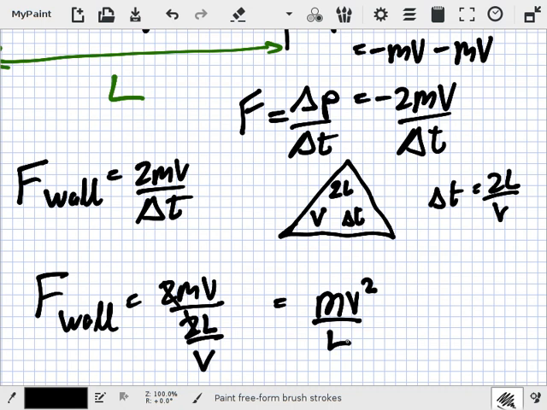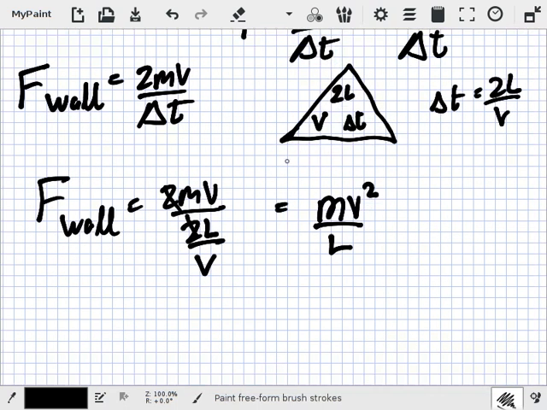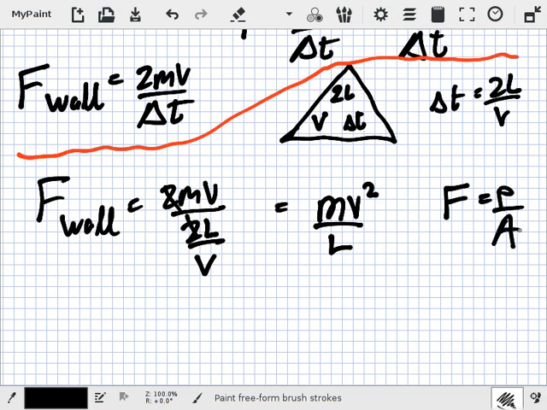Is that okay? Okay, next. I'll just put a mark here. So we continue, and this is the second half now. You know that pressure is force over area.